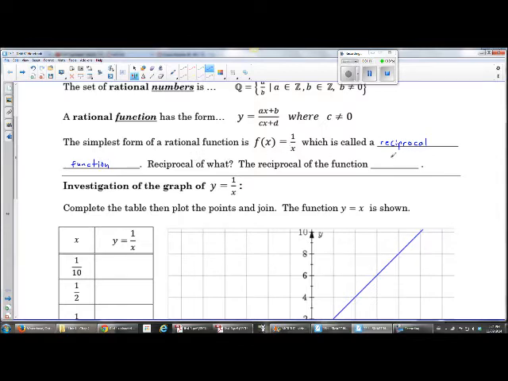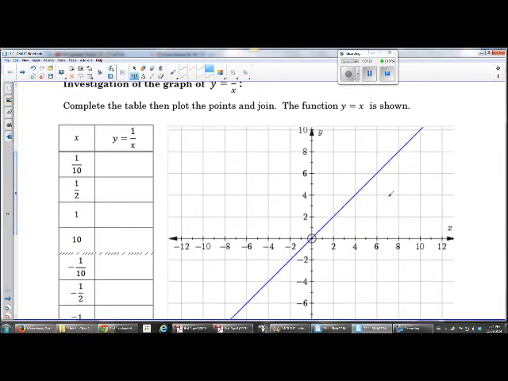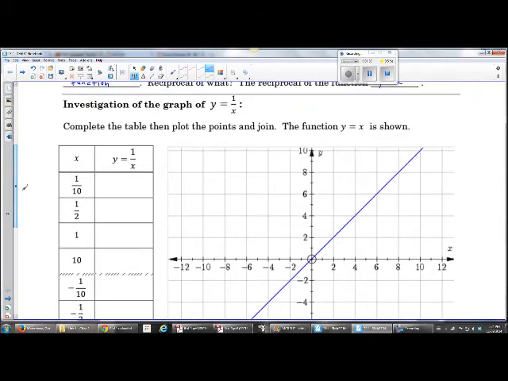The reciprocal of the function y equals x. Let's take a look at the graph of y equals x. Here is the graph of y equals x right here. We're going to be taking a look at the graph of y equals 1 over x.